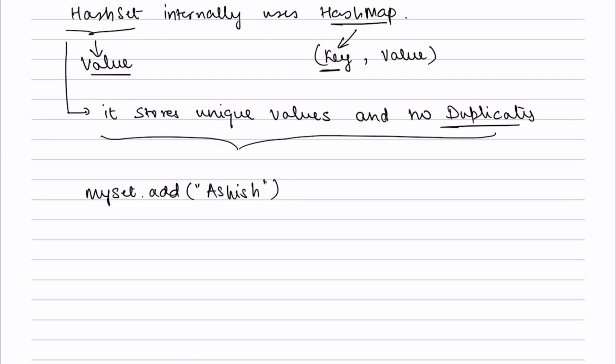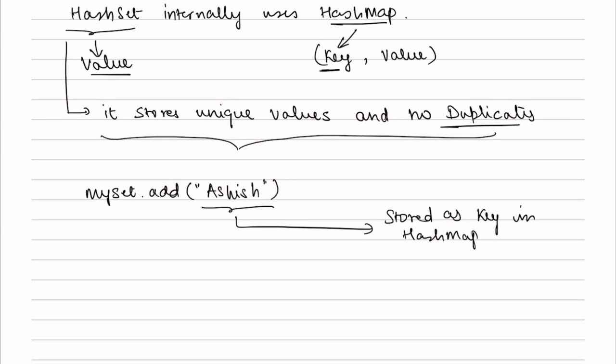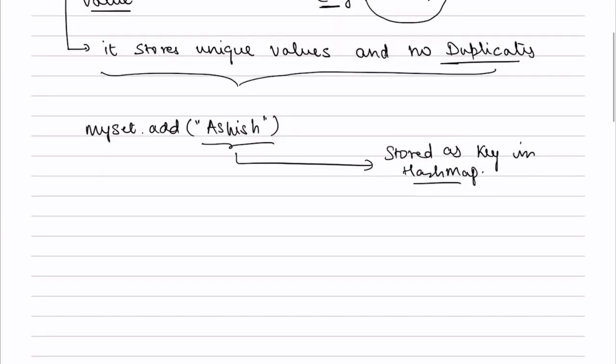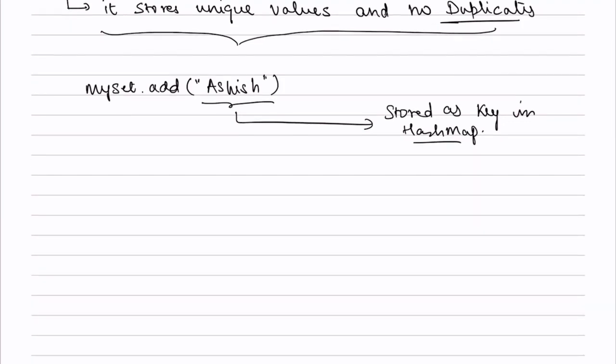Internally, this Ashish will be stored as a key in HashMap. Now you'll be thinking that if Ashish will be stored as key in the HashMap, then what is the value of HashMap corresponding to Ashish? This is a valid question if it comes to your mind.